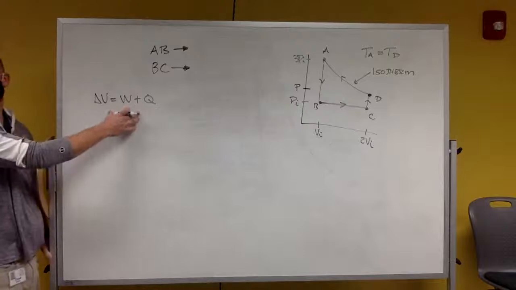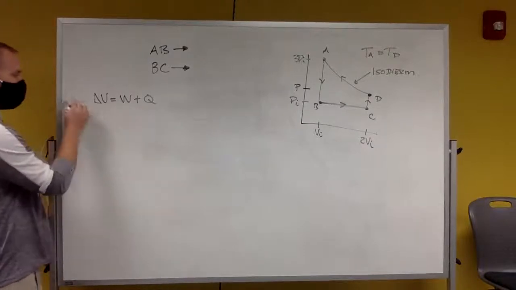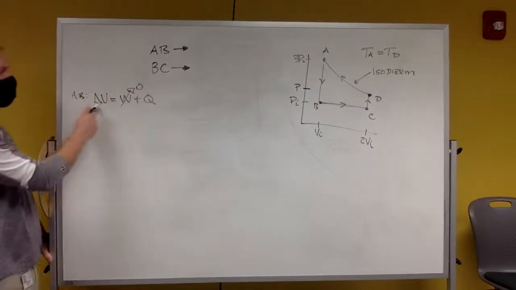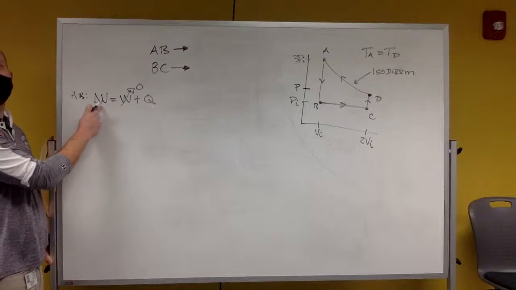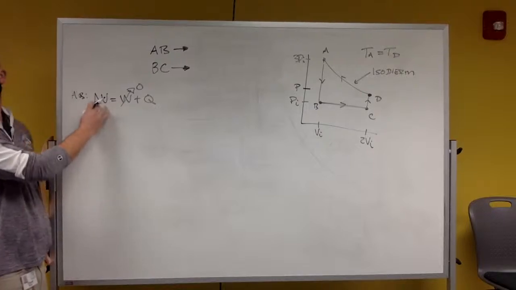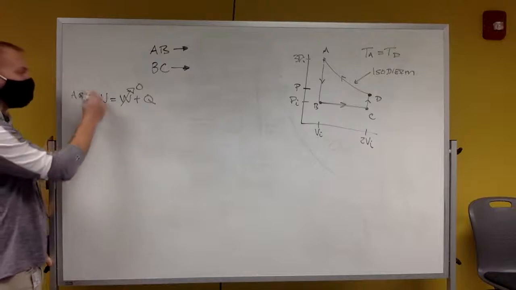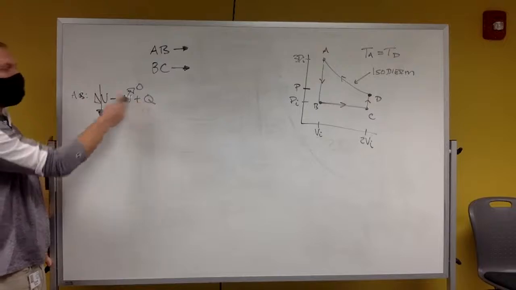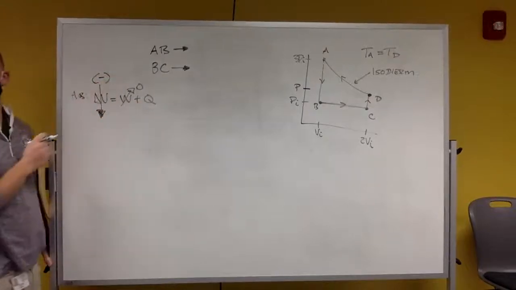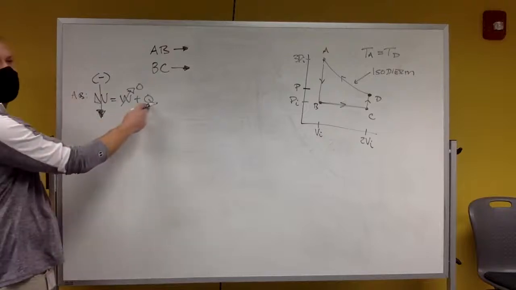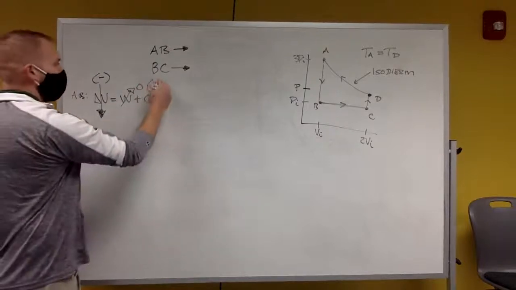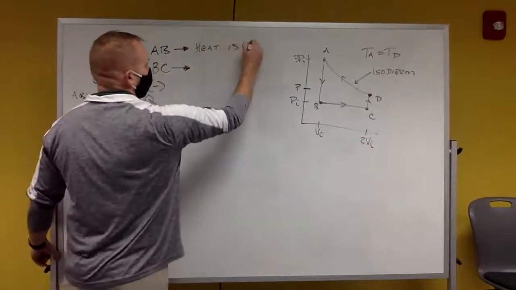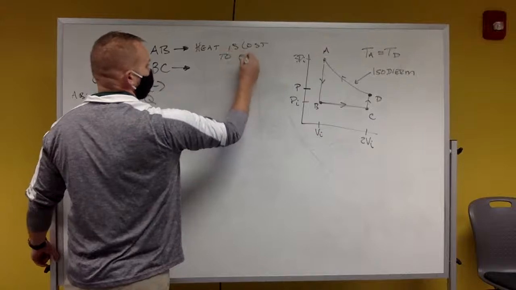For A to B, work was 0, yes? Change in internal energy measures the temperature. This goes down, so this is a negative, yes? The temperature goes down. So what has to be true about Q? It's also negative. So A to B, heat is lost to environment.